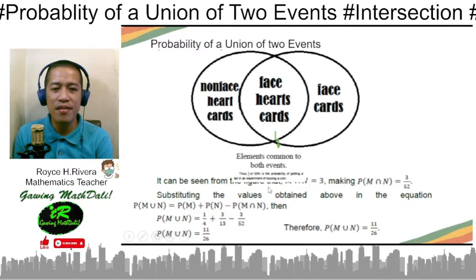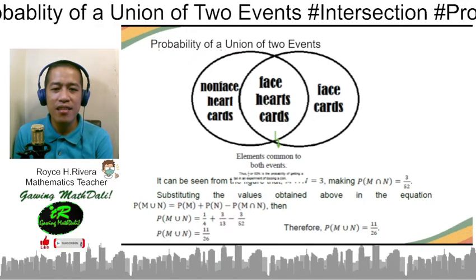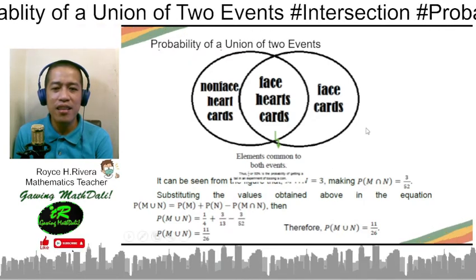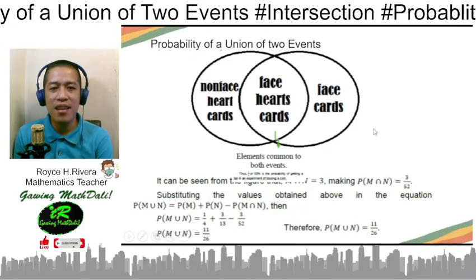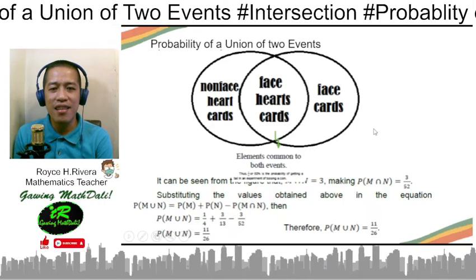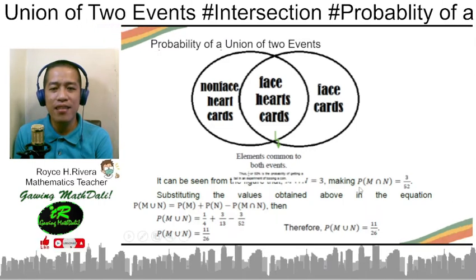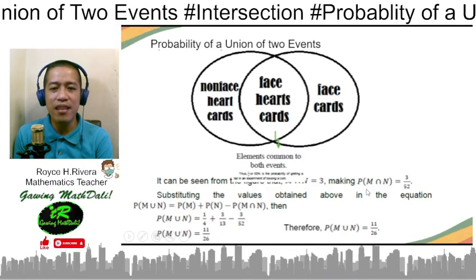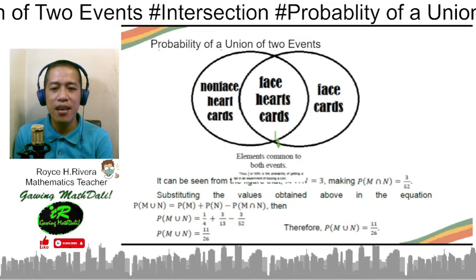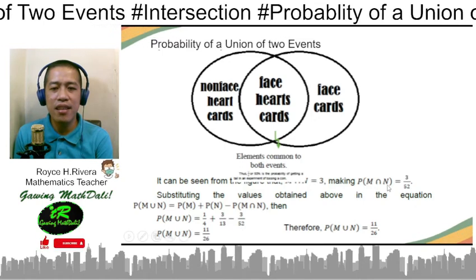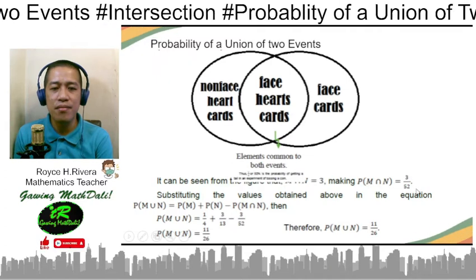Continue, M intersection N is equal to 3 since there are 3 face cards that are also hearts card, making the probability of M intersection N or P of M intersection N equals 3 over 52.